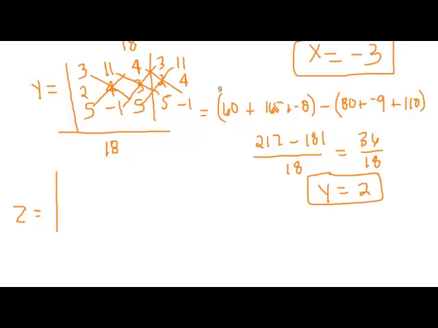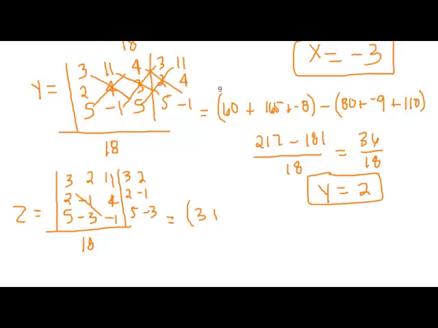And lastly, we solve for z. Same thing, x values first, so 3, 2, and 5. Y values 2, negative 1, and negative 3. And then our constants, 11, 4, and negative 1. Again, all over 18. So rewrite those first two columns and then find the diagonals. 3 times negative 1 times negative 1 is a positive 3. 2 times 4 times 5 is 40. 11 times 2 times negative 3 is negative 66.